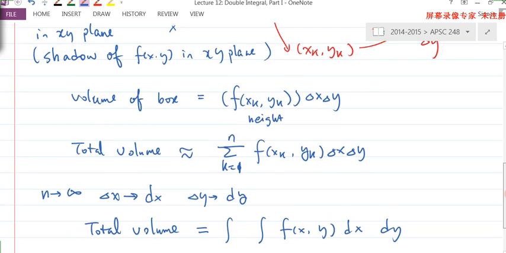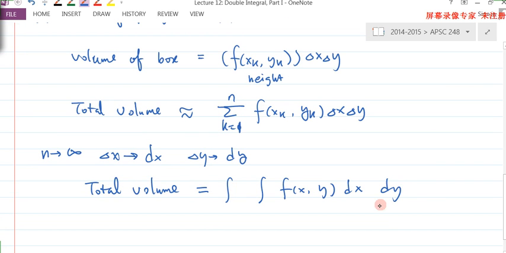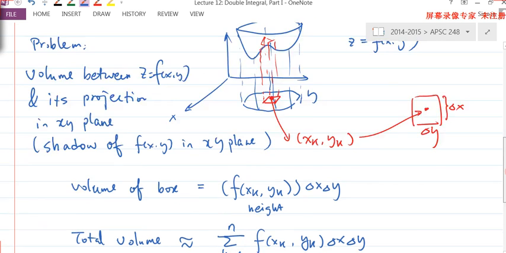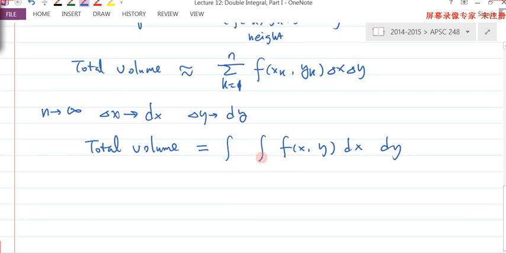Now, if I go back to the simple case of a single variable, you have to put a range here. We're integrating x from a to b. Now this time, it's not just simple from a to b. You're integrating over where? Inside the shadow here. So basically, you're moving the box everywhere in this shadow, trying to fill up this shadow area with as many boxes as possible. So you're still going to have integral limits, but now we don't know what the limits are.